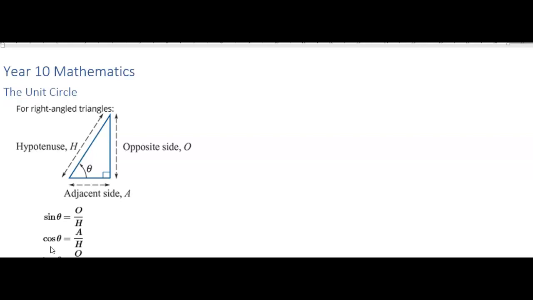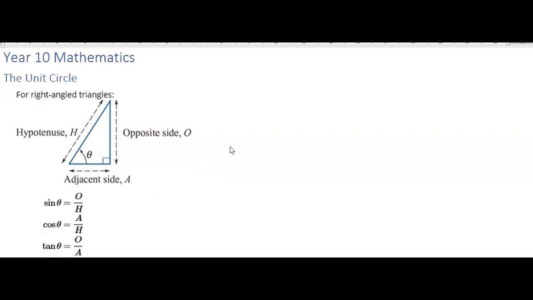Now, with the unit circle, how it relates to trigonometry, because you're probably thinking, but trigonometry is triangles, unit circle is obviously a circle, but we use trig ratios to work out values on a trig graph, a sine graph, a cos graph, or a tan graph.